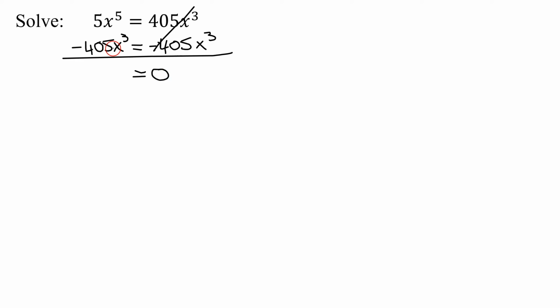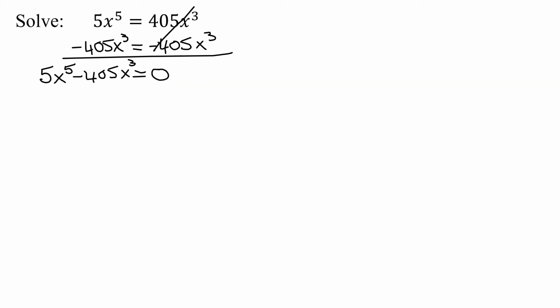On the left-hand side, I have unlike terms. I can't combine them. So I have 5x to the fifth minus 405x cubed equals 0.